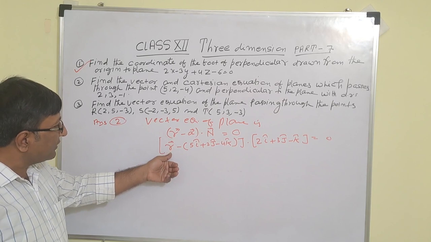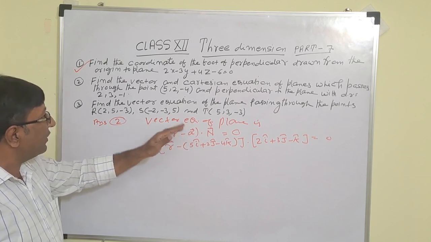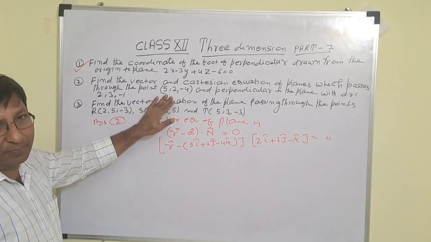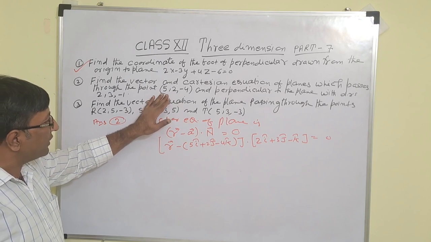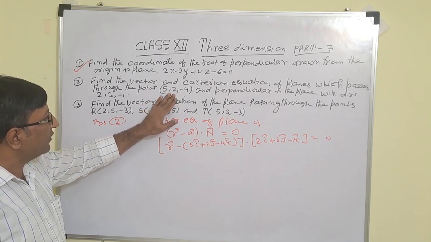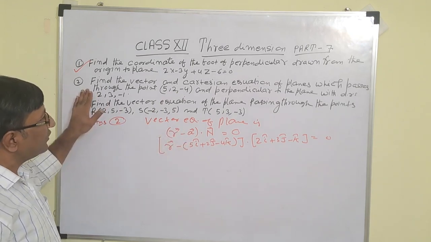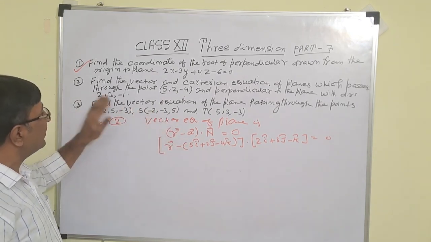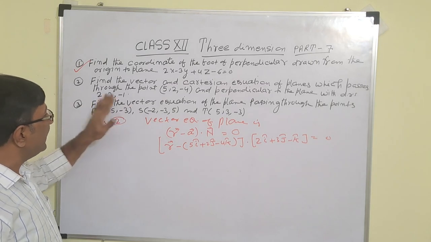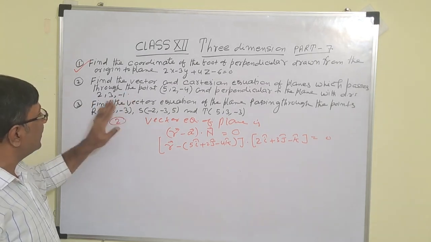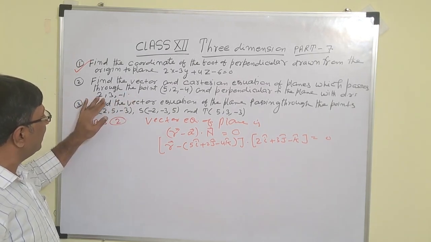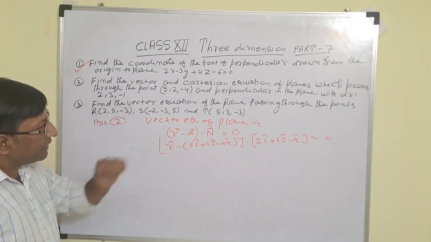Here the a vector is the position vector of the given point, so this is 5i plus 2j minus 4k. And here the direction ratios of the perpendicular plane are given, so the n vector is 2i plus 3j minus k.